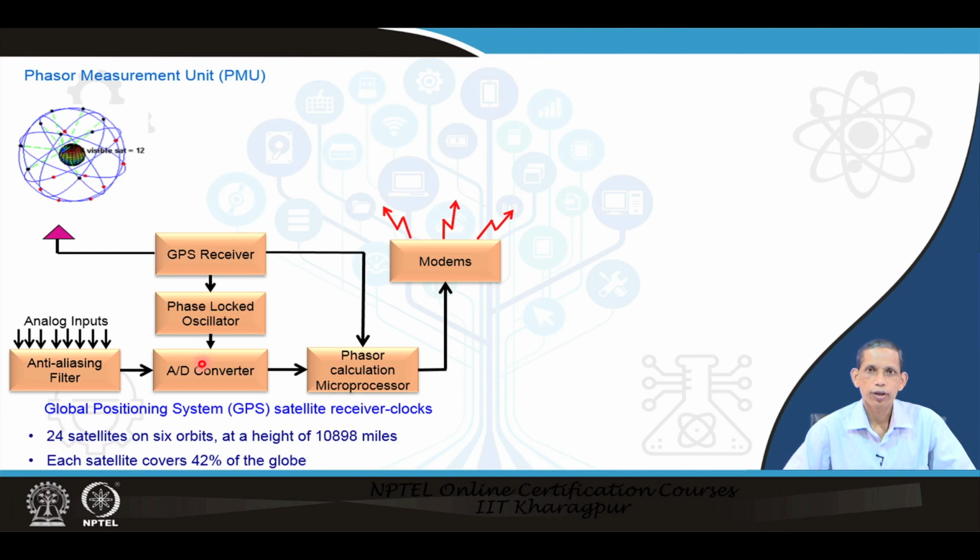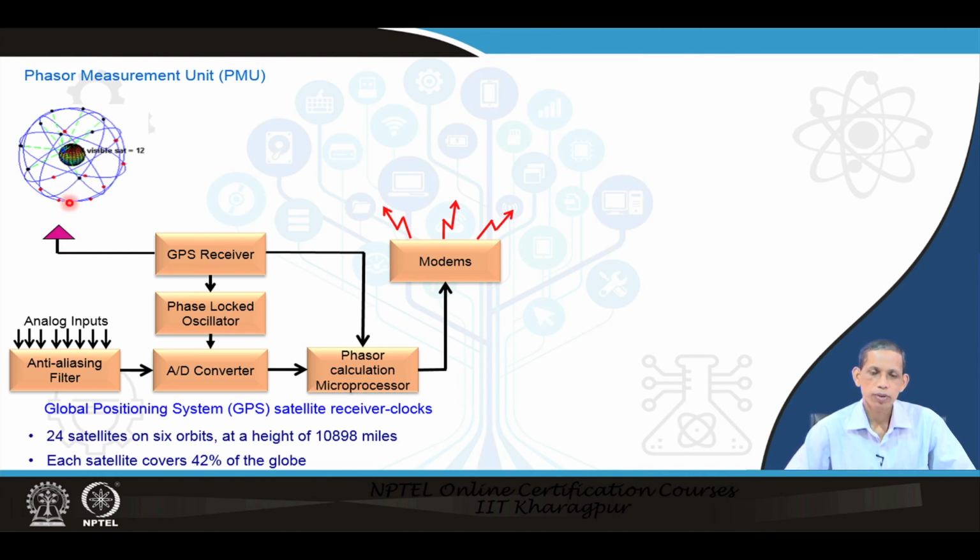Now, what happens here? We have the time information of the device. The time information comes from this GPS receiver with an antenna outside, where the GPS receiver receives time information from the global positioning system satellite, where atomic clocks are there.